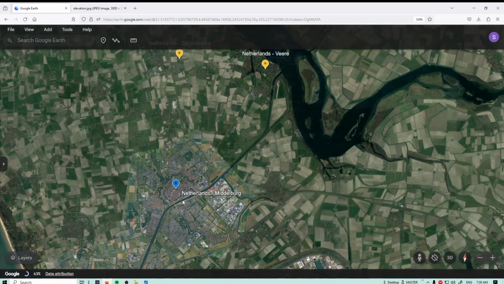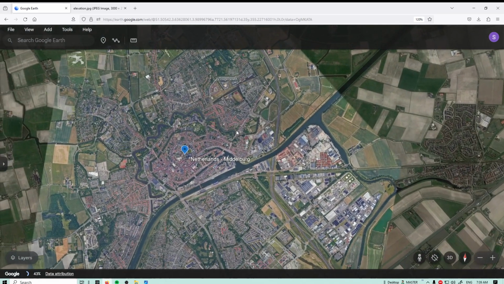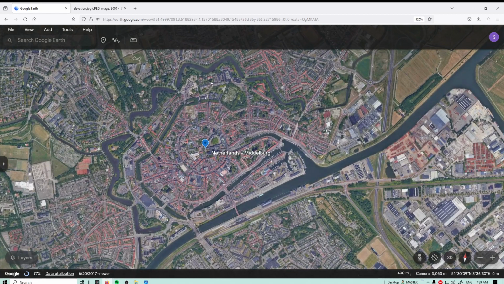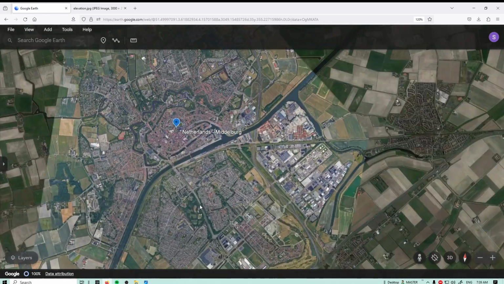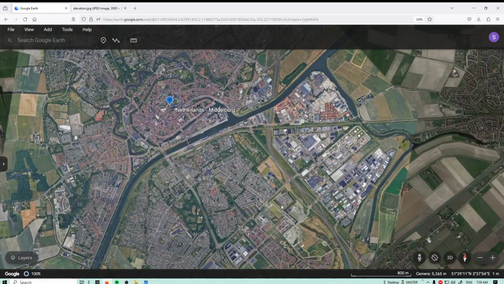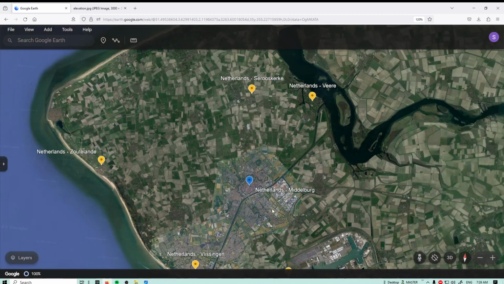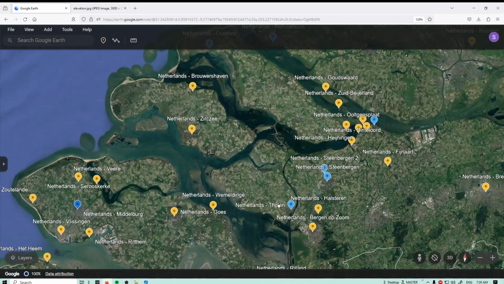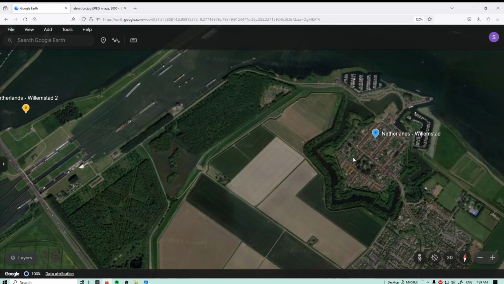It's a nice example, Middelburg. Get this here all around. You've got the remaining pattern around here, the other side. Another good example that I like is this one here.